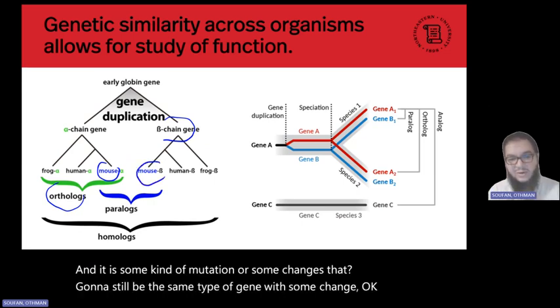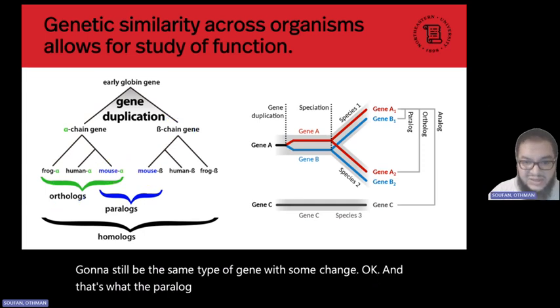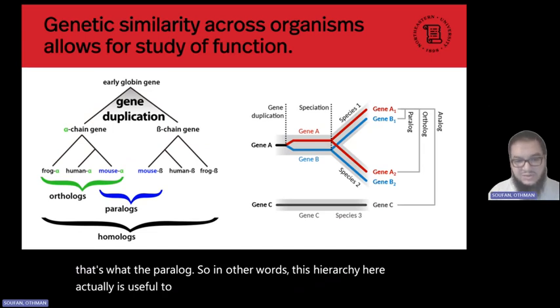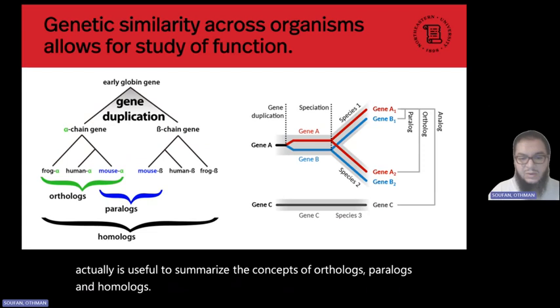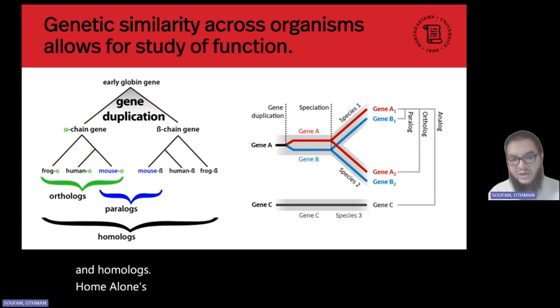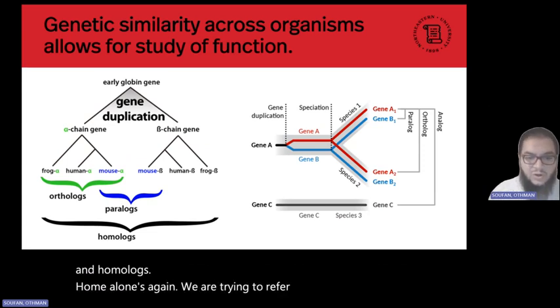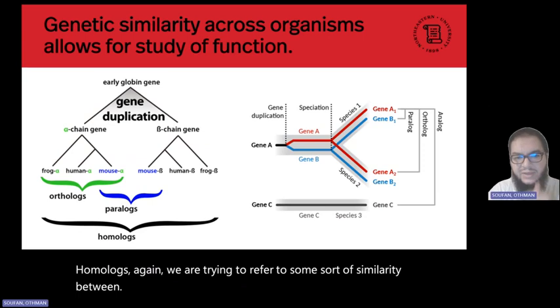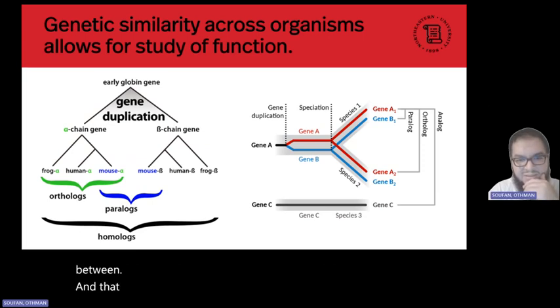And that's what paralogs are. So in other words, this hierarchy here is useful to summarize the concepts of orthologs, paralogs, and homologs. Homologs, again, we are trying to refer to some sort of similarity between the different chromosomes.